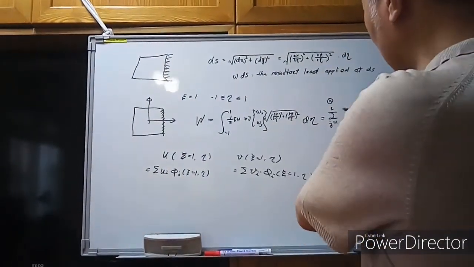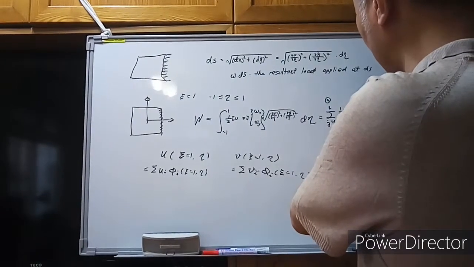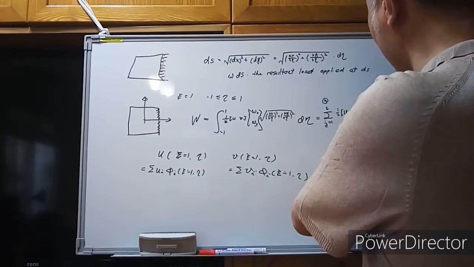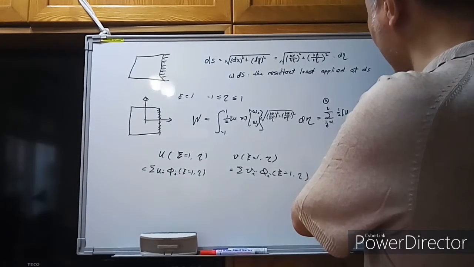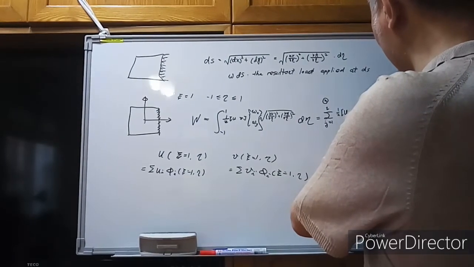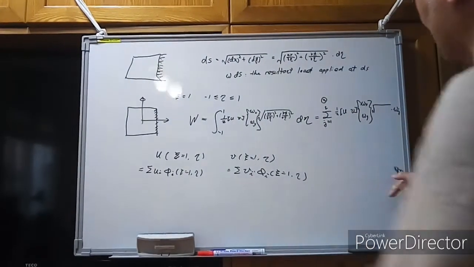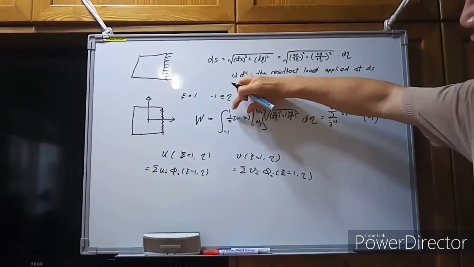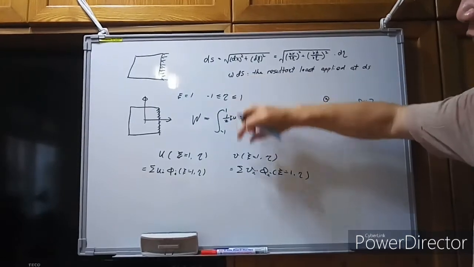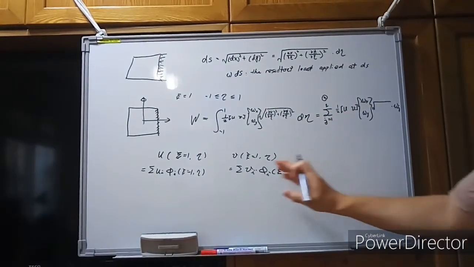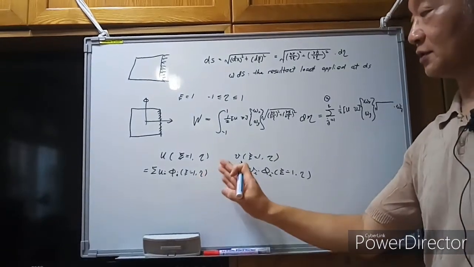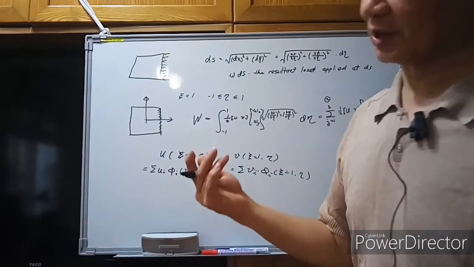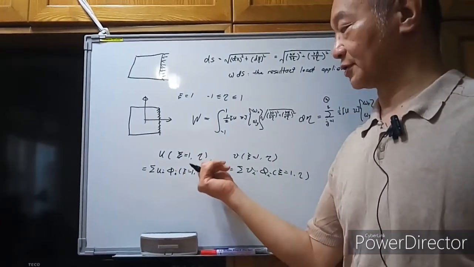Okay, so you can calculate the function value. Right now, the function value includes the u and the v, and the u and the v are still related to the considered eta. So you need to replace the eta with the integration points. For example, the negative square root of 1/3.